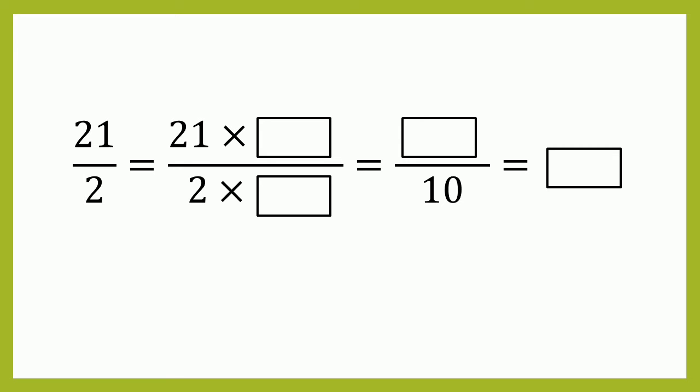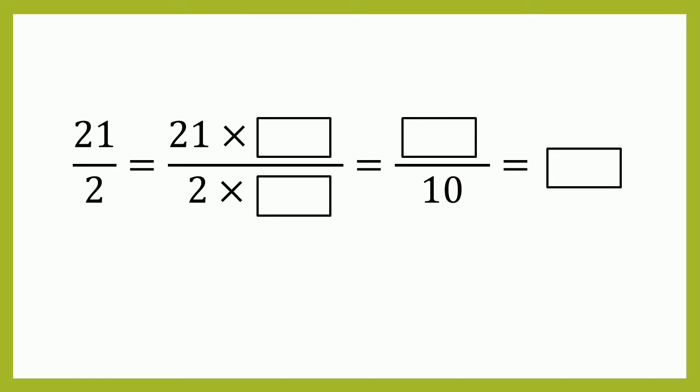In this sum the number is 21 upon 2 and we have to fill the boxes given. So in 21 upon 2, the denominator is not directly given as 10 or 100, but we have to make the denominator 2 into 10. We already know that if we multiply 2 by 5 then we will get 10.